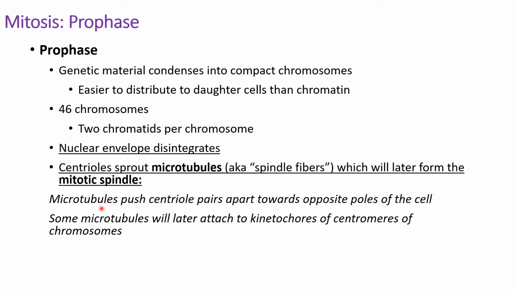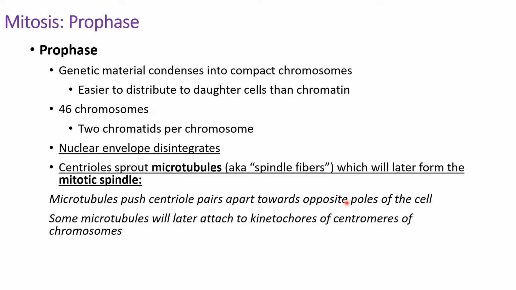So what's going to happen is the microtubules, as they grow, remember that microtubules can assemble to become longer. And so that's what's going to happen here. Microtubules will grow longer, and as they grow longer, they're going to end up pushing the centrioles apart, so that the centrioles will end up on opposite sides of the cell.